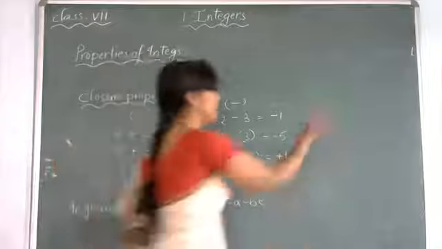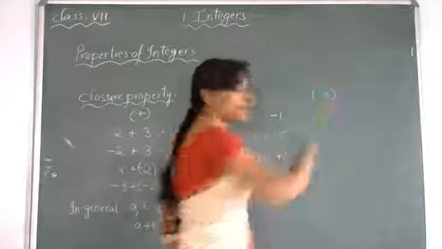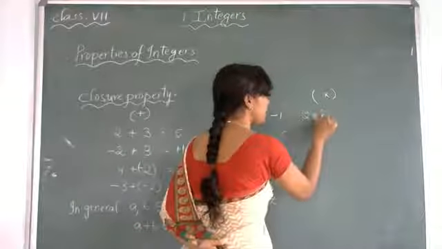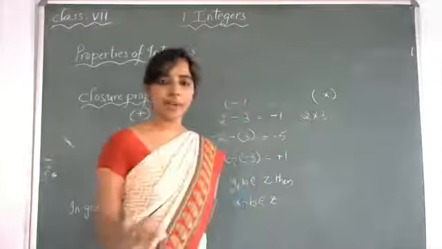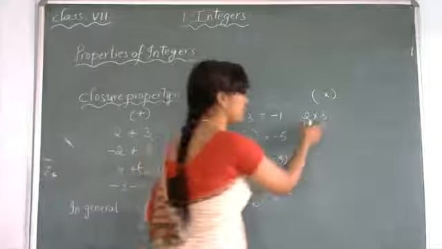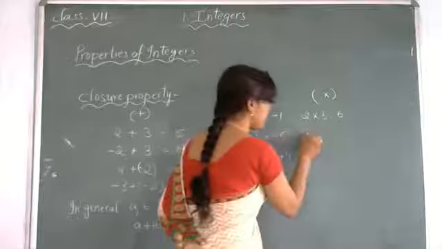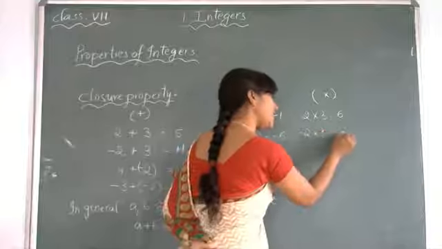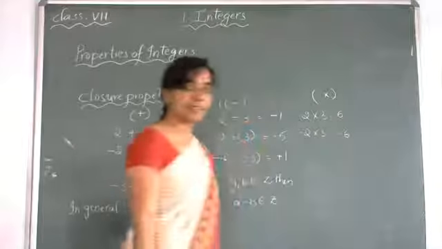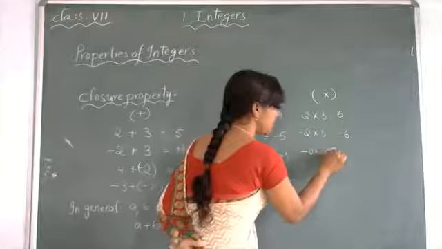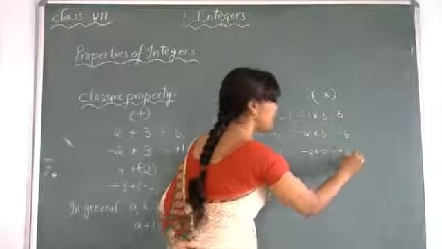In the same way we will discuss multiplication. See, if we take 2 integers, what is the multiplication of 2 into 3? 6, a positive integer. Again, minus 2 into 3 is minus 6, that is also an integer. Minus 2 into minus 3 is also an integer.